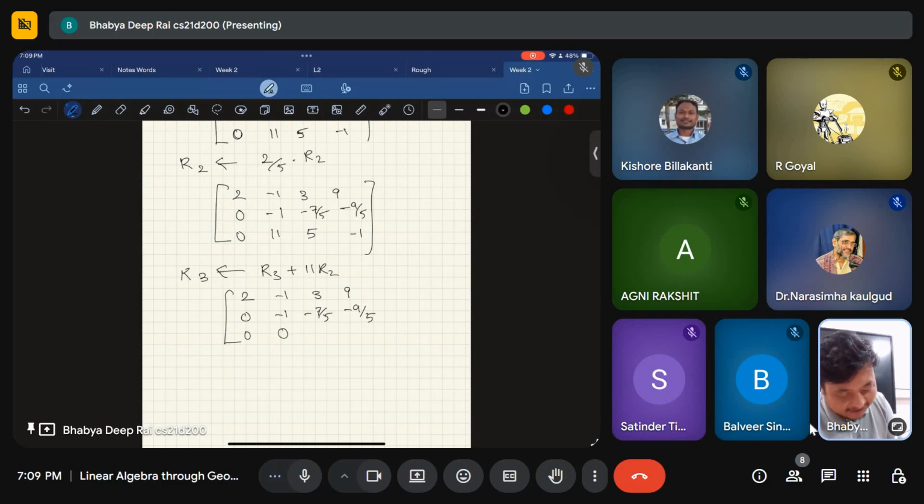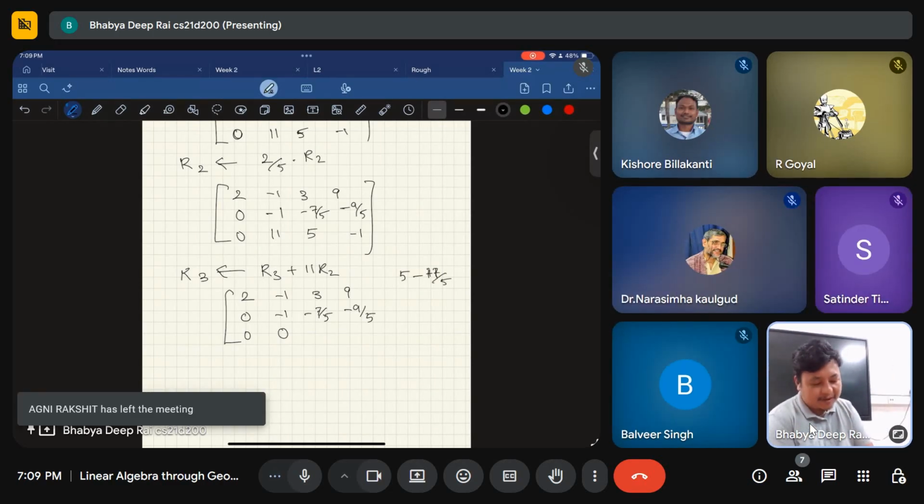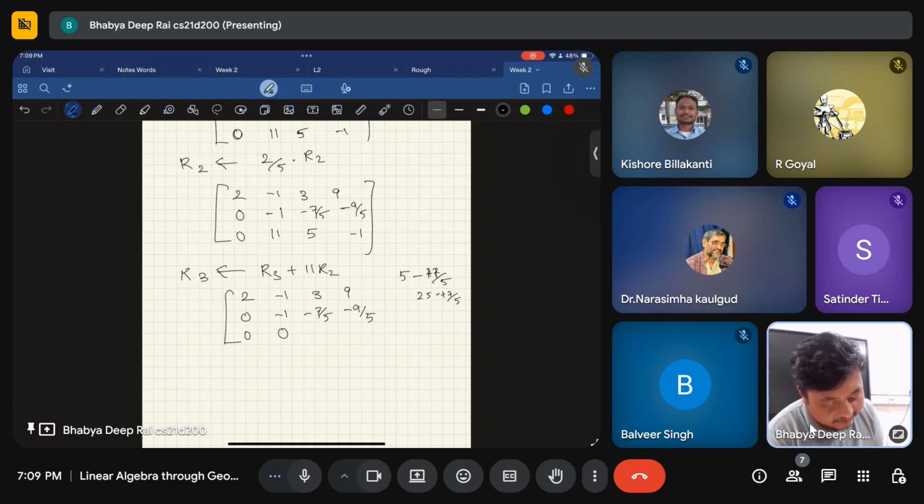And now I'll do 5 plus minus 11 times 7 by 5, which is 77 by 5, which will come to 25 minus 77 by 5. Okay, 25 minus 77 is something like 52? Is that correct? Minus 52 by 5. Yes, sir, correct. Okay, good. Minus 52 by 5.